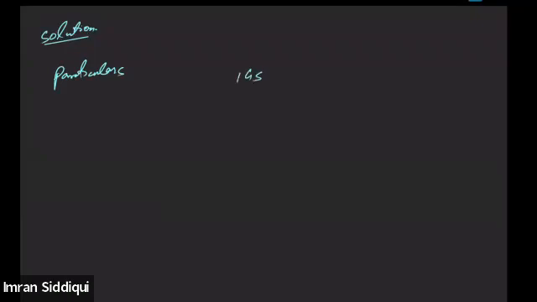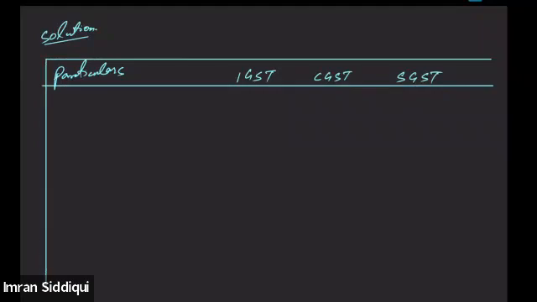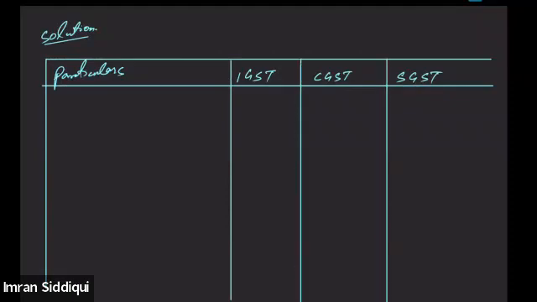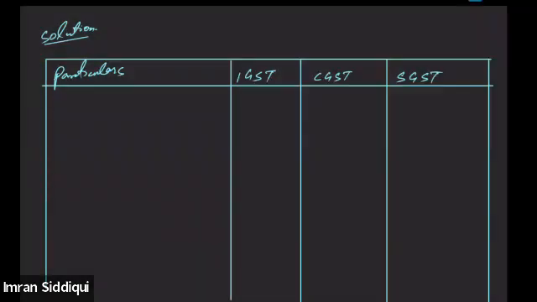Particulars, amount of IGST, amount of CGST, and amount of SGST. So first of all, the first thing that we will always write in this format is the output GST that we have collected.